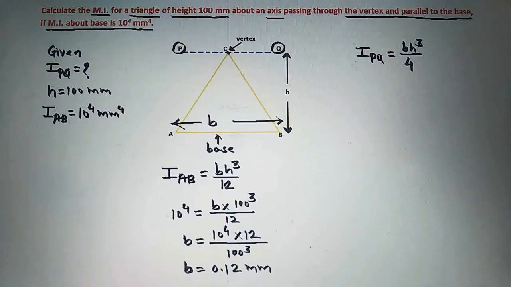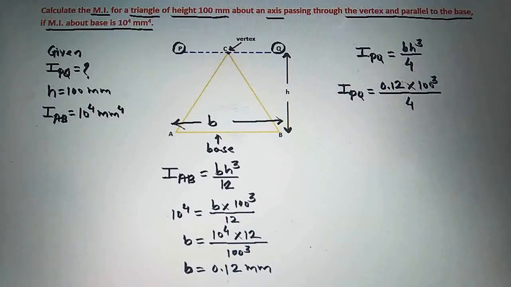Now putting the value of B in the formula of IPQ, we can write IPQ is equal to B, 0.12, into H cube, that is 100 cube, divided by 4.